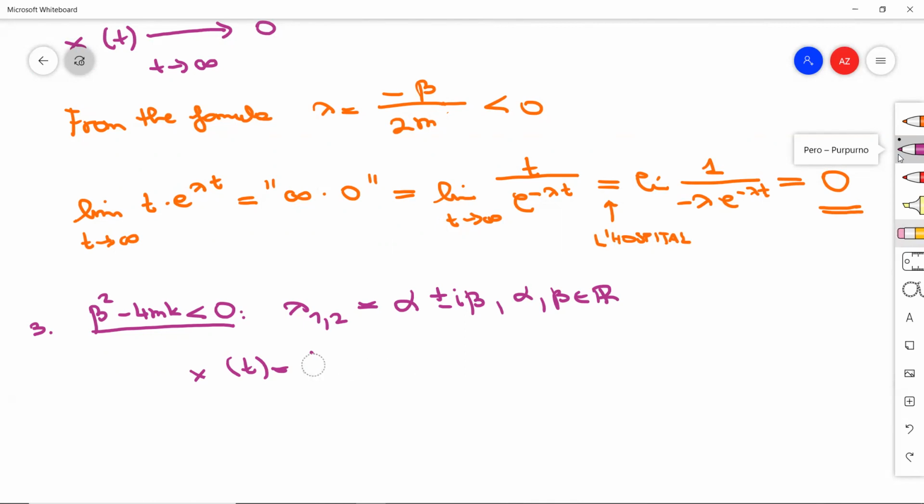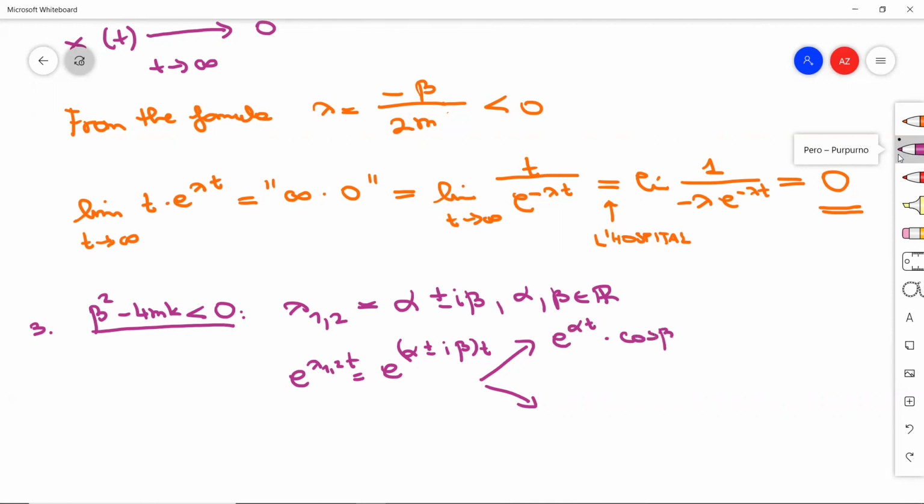Let's go slower. What are the real solutions to this differential equation? So e to lambda 1, 2 is e to alpha plus minus i beta t. What are the real solutions? It's not just cosine beta t, but since e to alpha t is already real, it remains. So it's e to alpha t times cosine beta t.